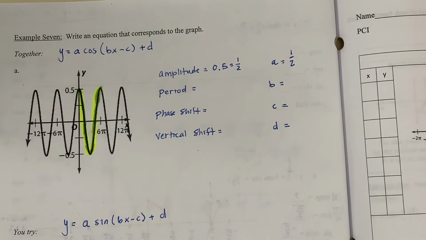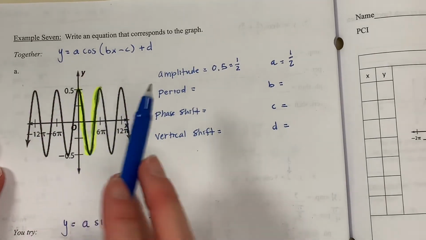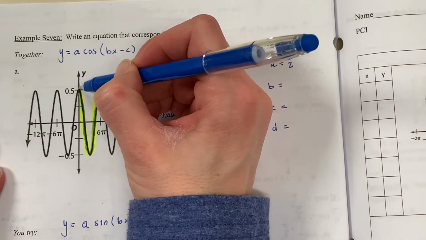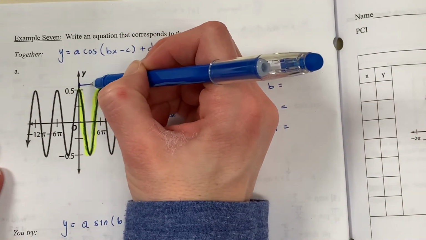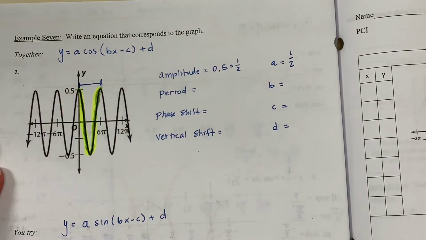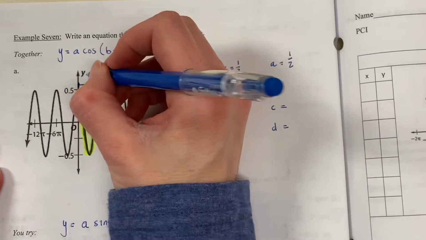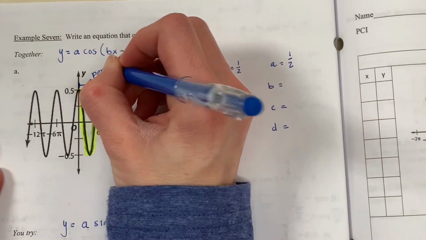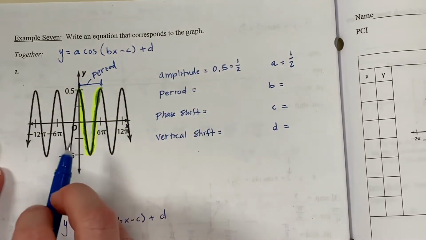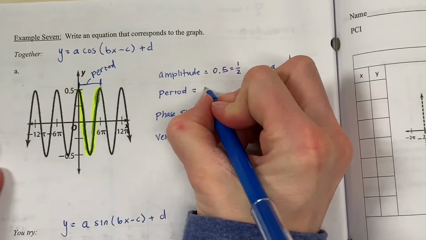Now, my period is the length of one cycle, so from a maximum to a maximum. Here I'm at the x value of 0, and it ends at the x value 6 pi. So this is my period. The difference between 6 pi and 0 is 6 pi.